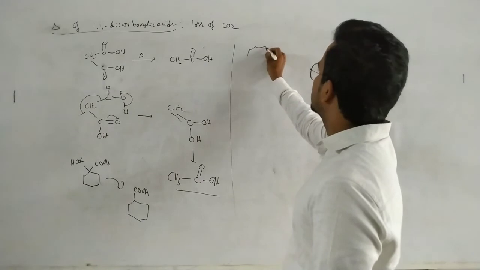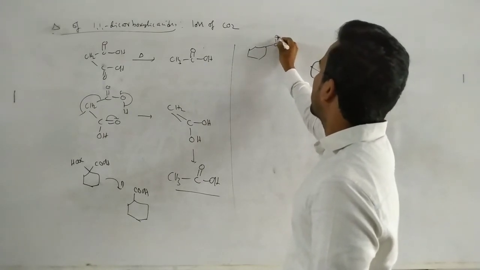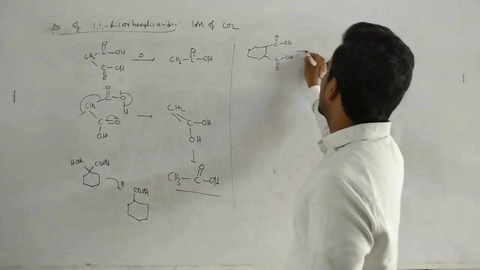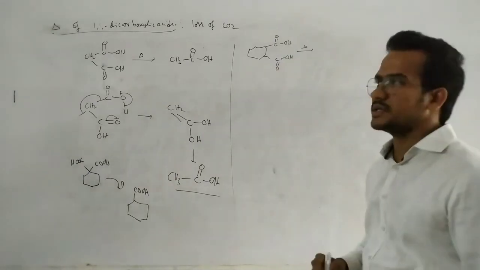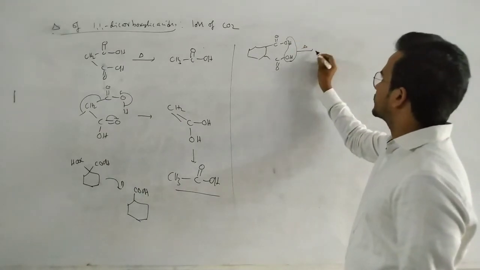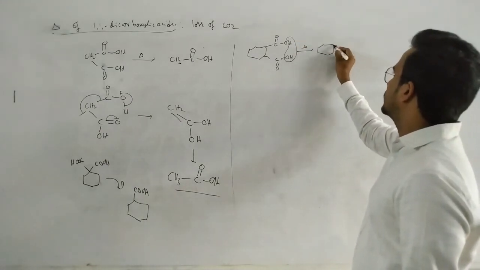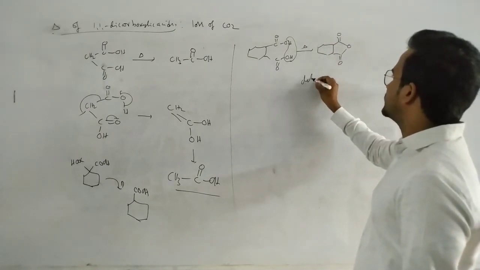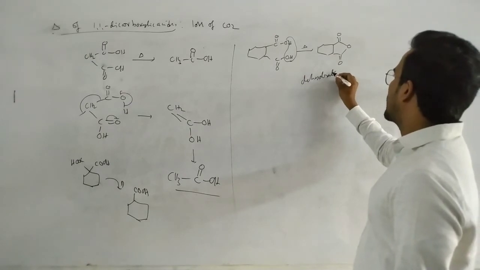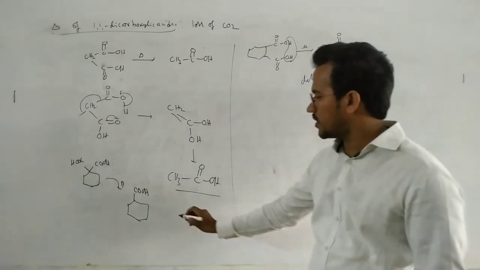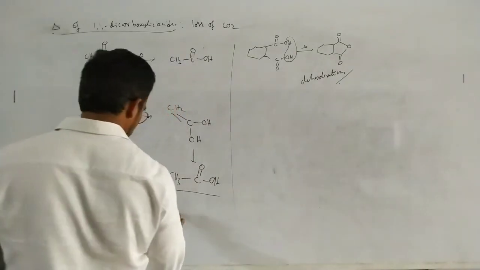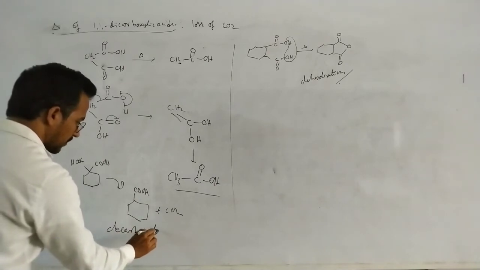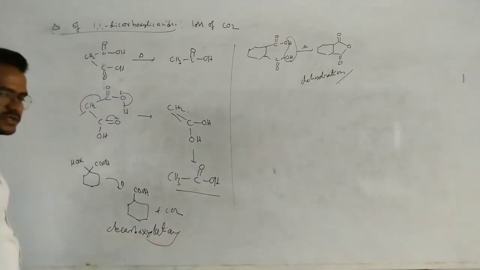For suppose this dicarboxylic acid, on heating, loss of a water molecule takes place. We can observe this one. Okay, it is a dehydration process. Here it is a decarboxylation process.